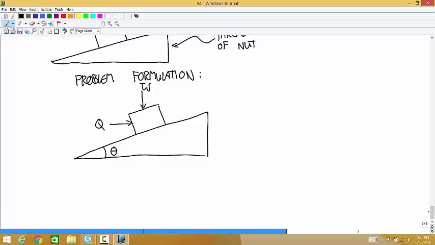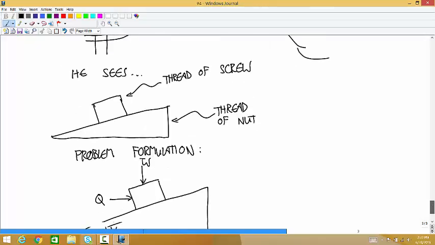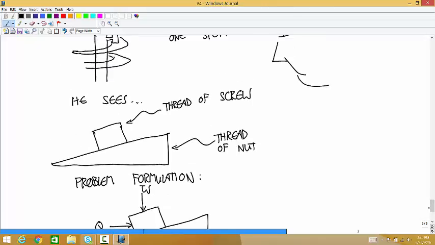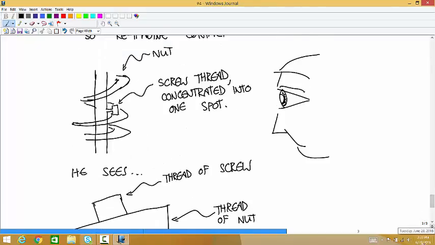Sorry about this, but do you mind scrolling up just a bit, right underneath where it says he sees? Could you re-explain the triangle with the block sitting on top? I'm having a tough time visualizing that. Well, so imagine him looking at this path that it's sliding along here. That is the wedge. It's the incline, and this little chunk of screw thread that he sees is this block.